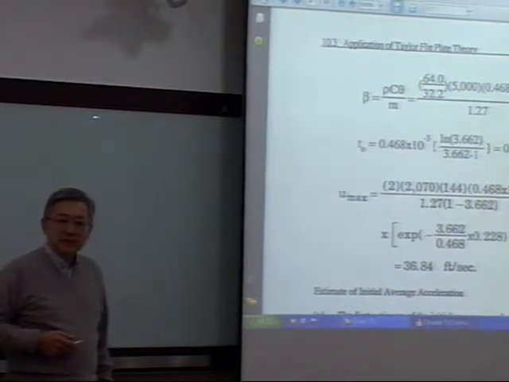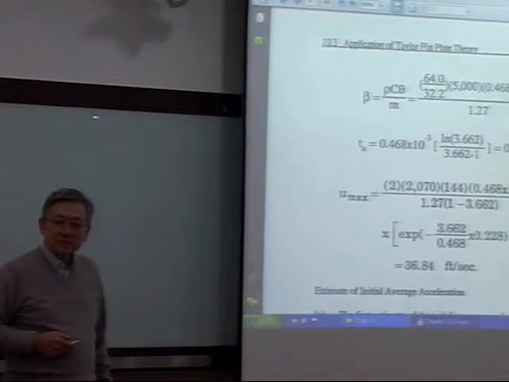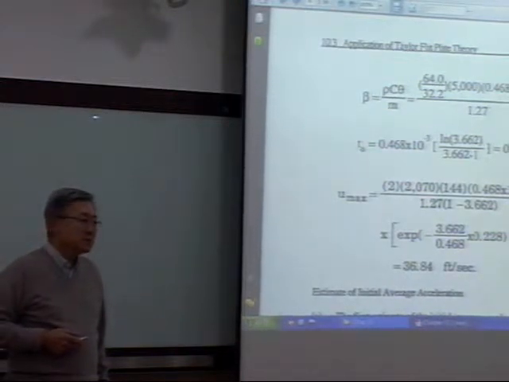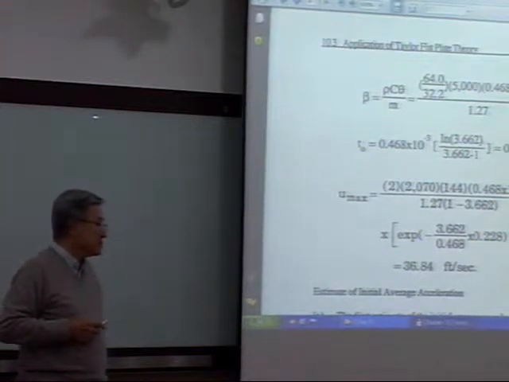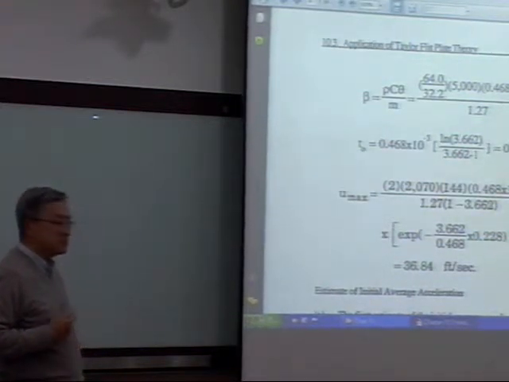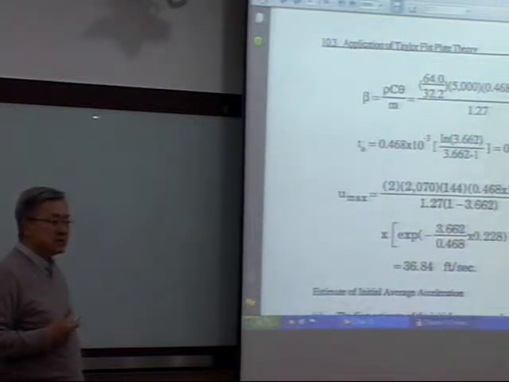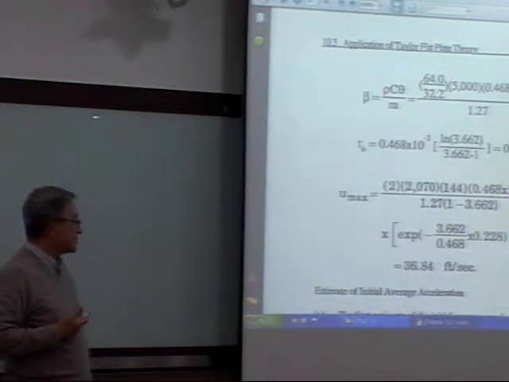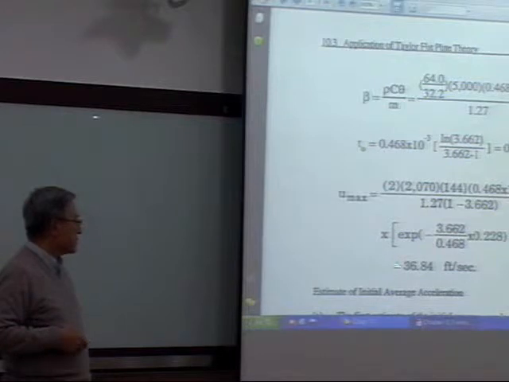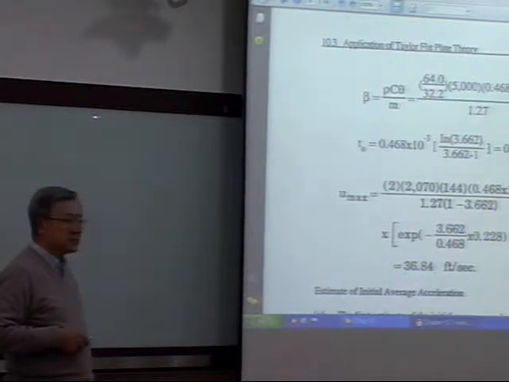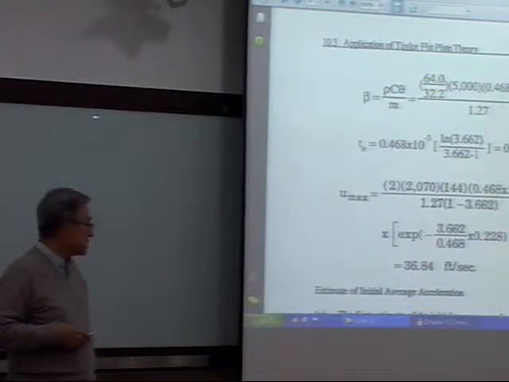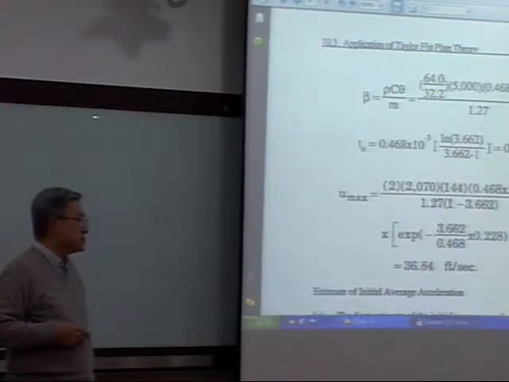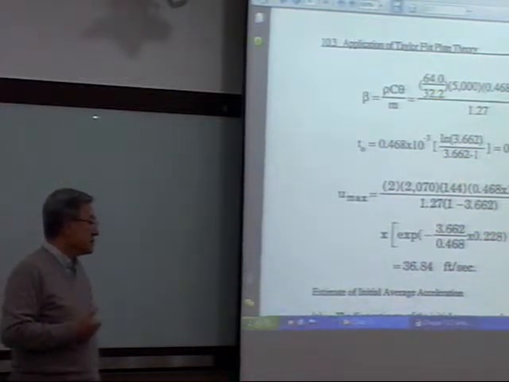Maximum velocity of the plate. So 36, that unit is feet per second, which you divide by 3.2, which is about 12 meters per second, which is very reasonable.